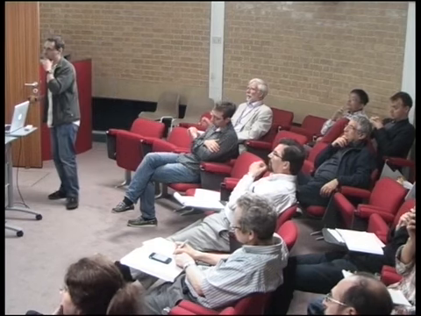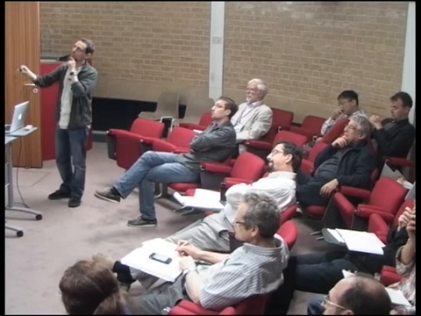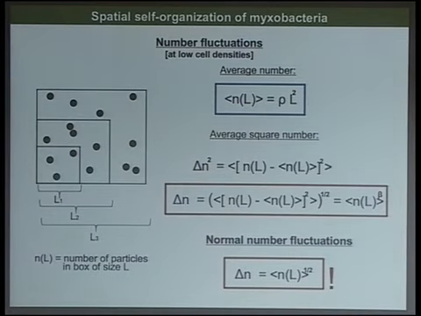All right, so I moved to some other statistics that we did for these two mutants, not for the wild type. A quantity that people found very interesting is the number fluctuations. What you do is you put a box of size L, you count how many cells you have there, you go to a larger box, you count how many you have there, and you keep on doing that.